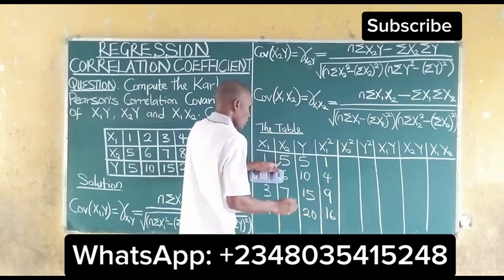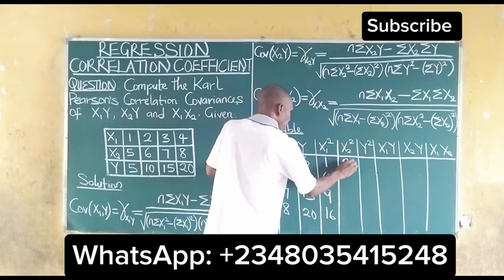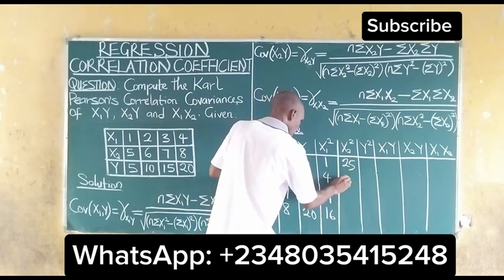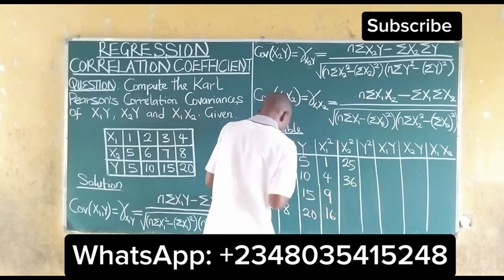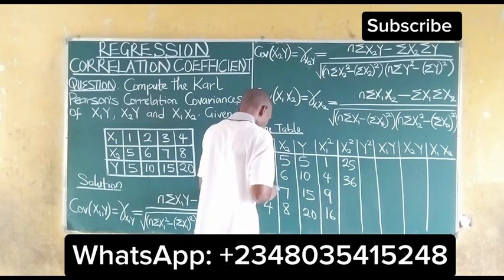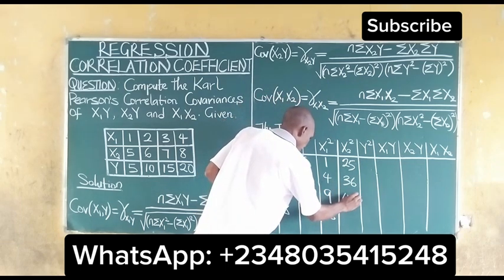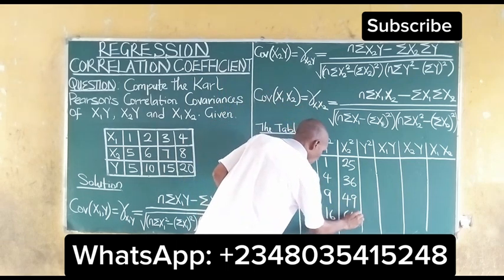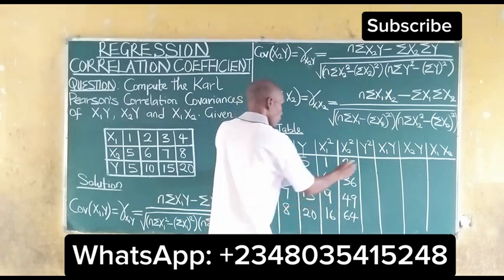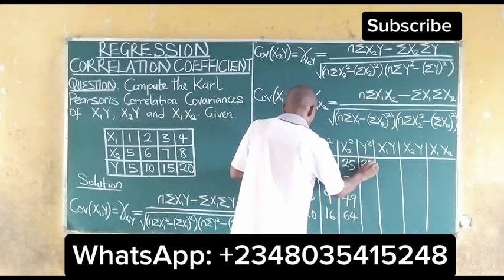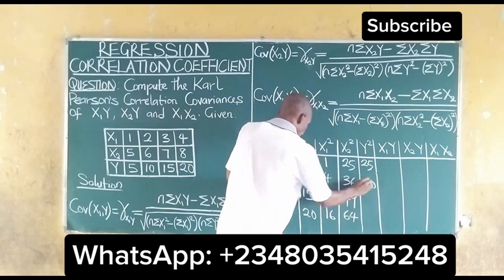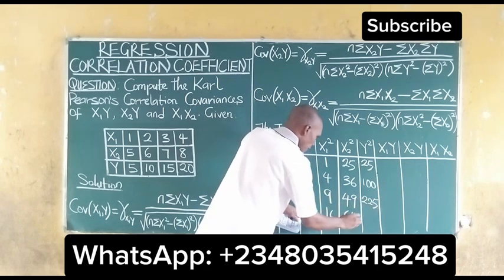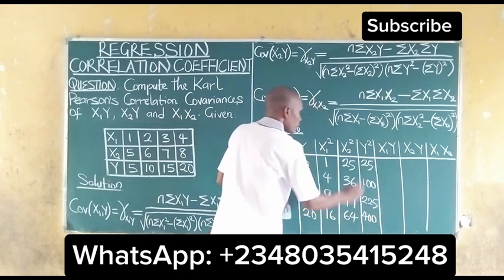For x2 squared, 5 squared is 25, 6 squared is 36, 7 squared is 49, 8 squared is 64. For y squared, 5 squared is 25, 10 squared is 100, 15 squared is 225, 20 squared is 400.